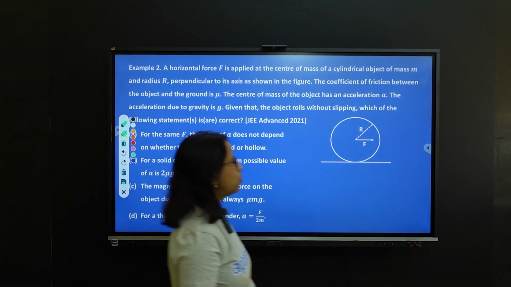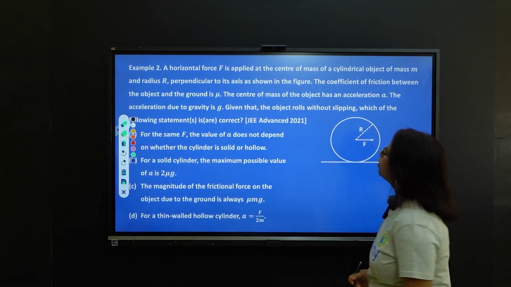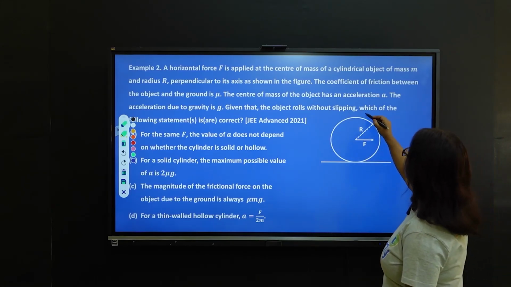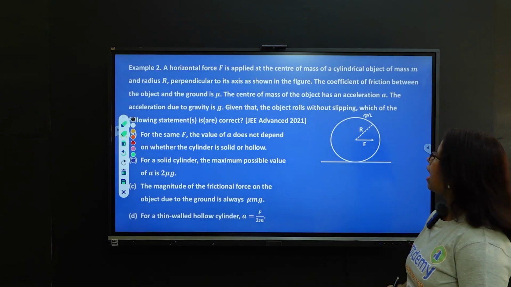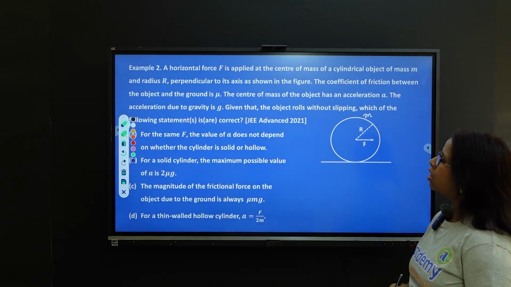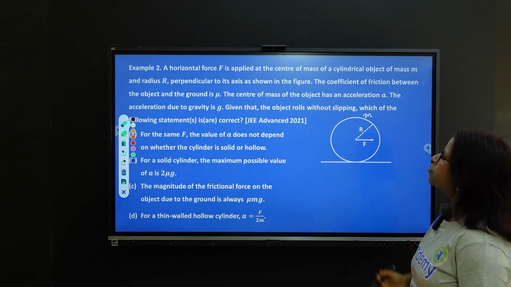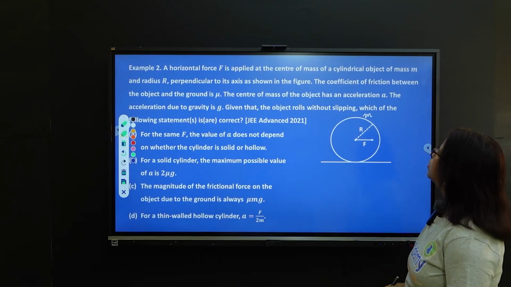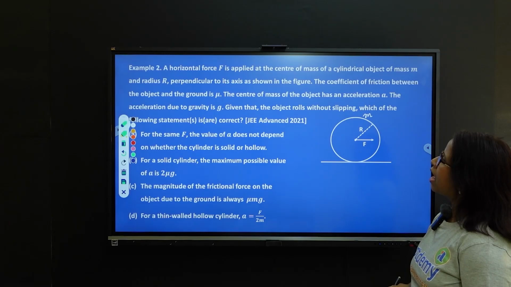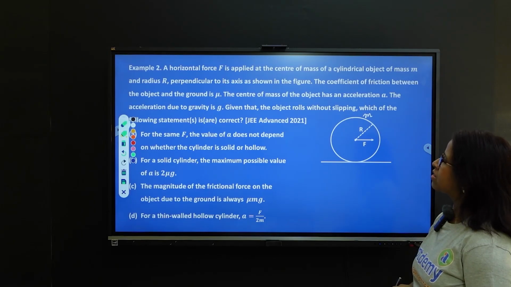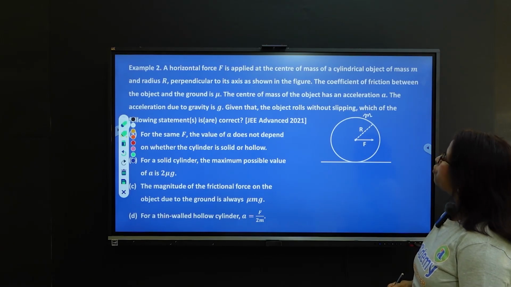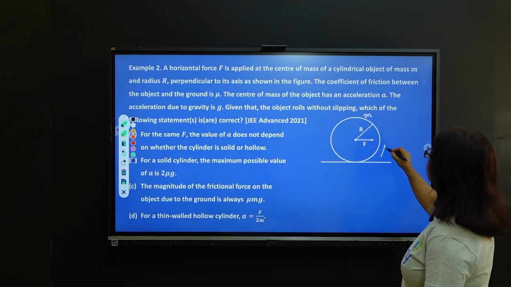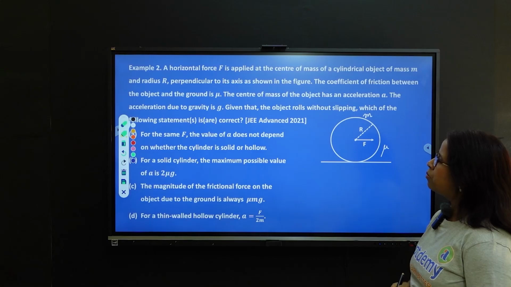So let's have a look at the diagram. We have a cylindrical object. The mass of the object is m and its radius is equal to r. A horizontal force F is applied at the center of mass and it is perpendicular to the axis. The coefficient of friction between the object and the ground is equal to mu.